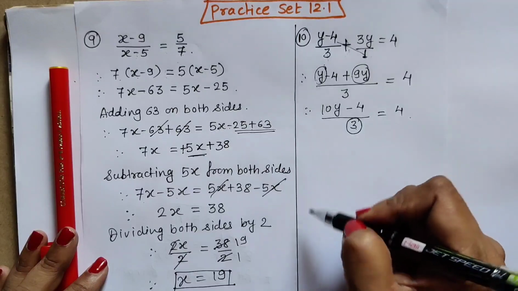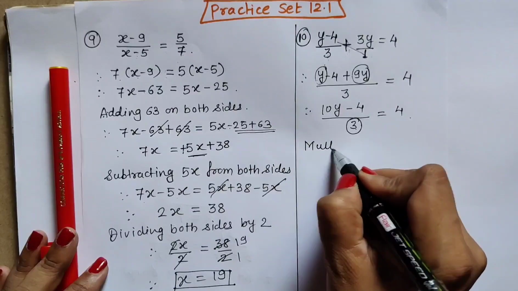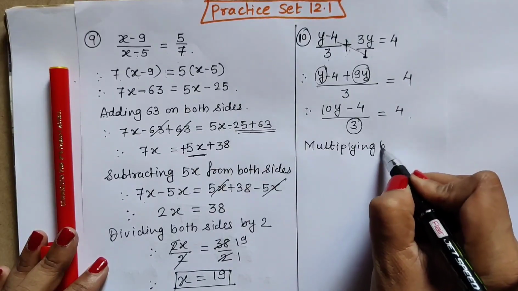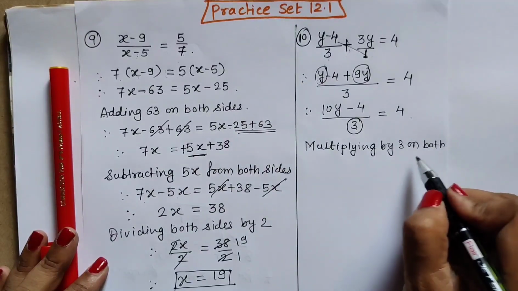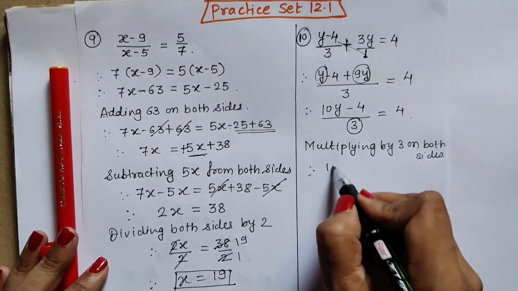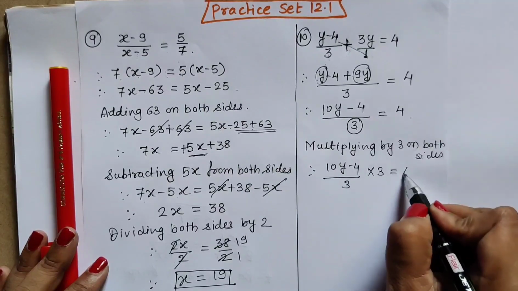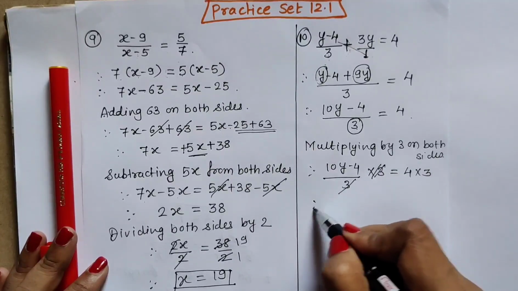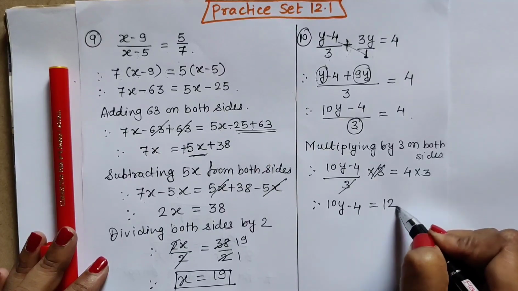Or upon 3 is there, divide by 3 is there, so we will do multiplying by 3 on both sides. So here we are getting 10y minus 4 upon 3 multiplied by 3, and 4 multiplied by 3. Here 3 cancelled. So we are getting 10y minus 4 is equal to 4 threes are 12.